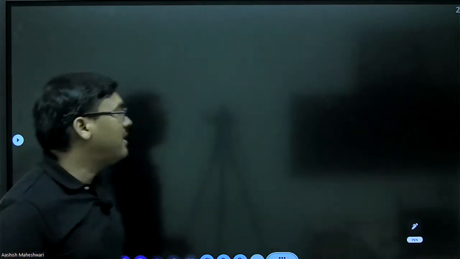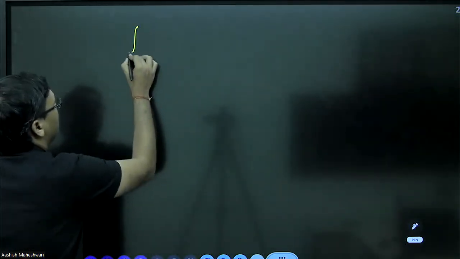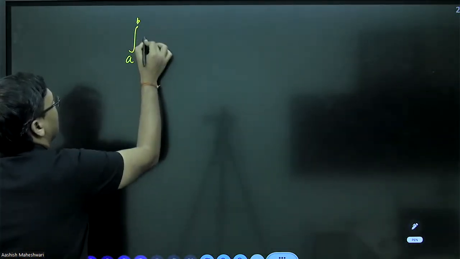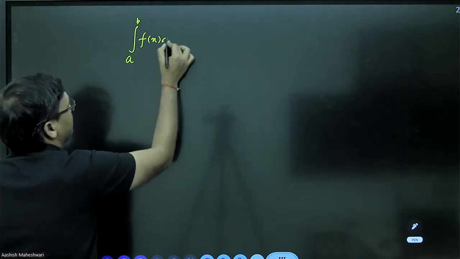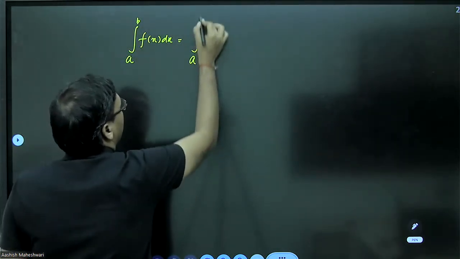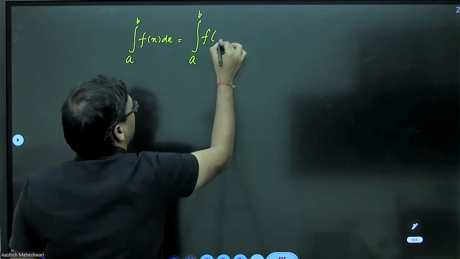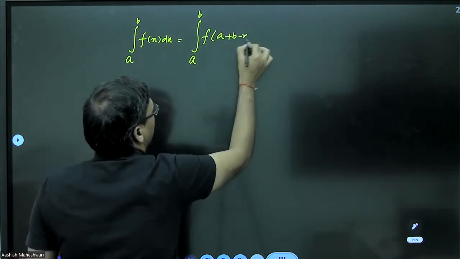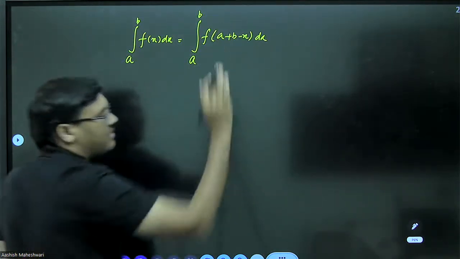See, if you have any integration from a to b of f(x) dx, this is equal to the integral from a to b of f(a plus b minus x) dx. This is the King's rule.